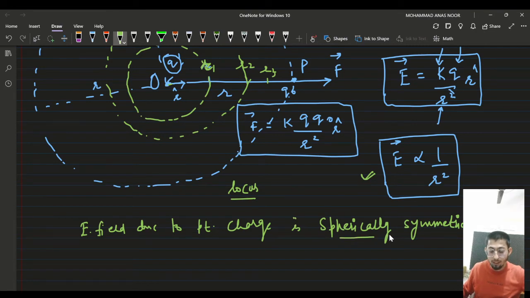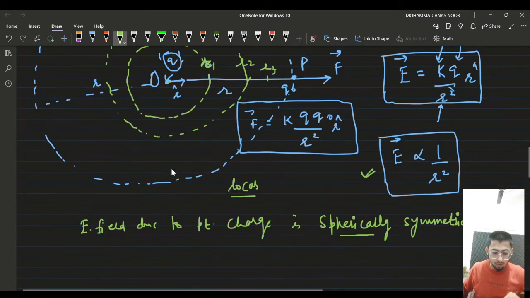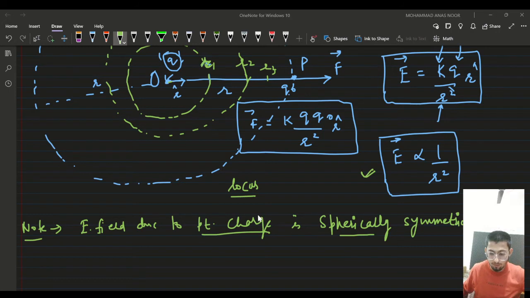There are many types of symmetry you will be reading about in future lectures. Some symmetries are cylindrical, some are oval, some elliptical, different types of symmetries. Some are spherical, so here we have a spherical symmetry. This is the important point that you need to know, that the electric field due to a point charge is spherically symmetric, or we also call it by a very famous name, which is radial.